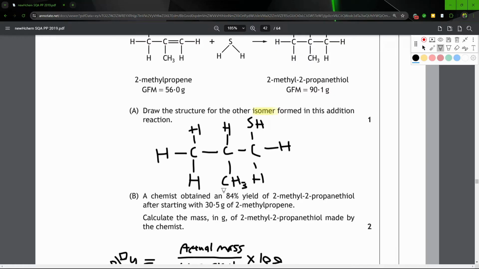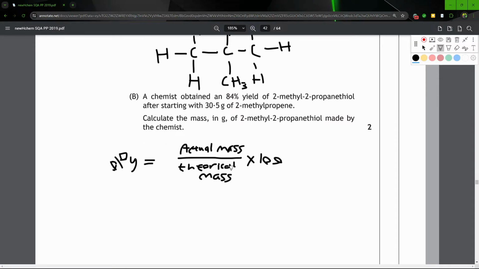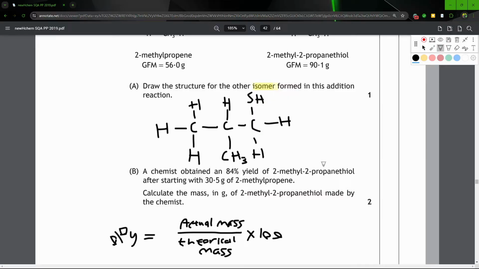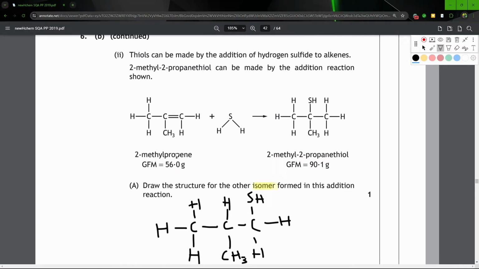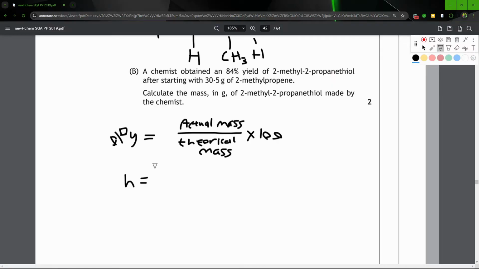So what I want to do here is figure out the theoretical mass of what we could get if we had 30.5 grams of 2-methylpropene, and then it tells us what we actually got, and then we can plug it in here and we'll get what the chemist actually got. So let's calculate the moles of 2-methylpropene that the chemist used.